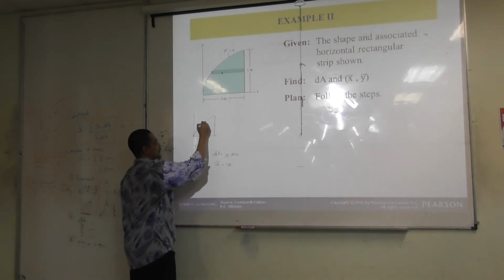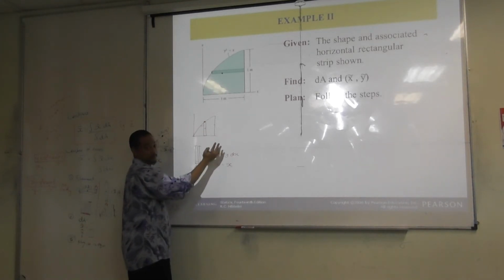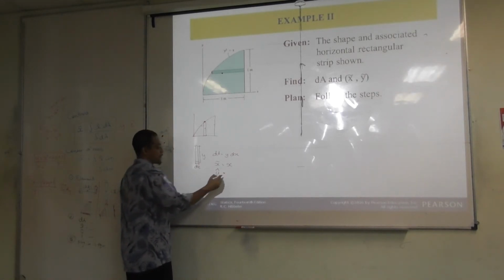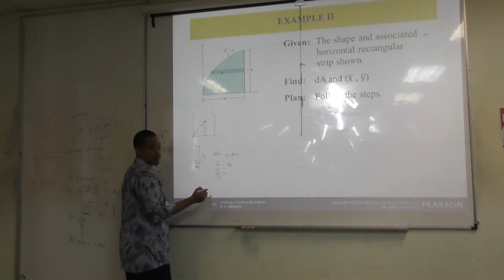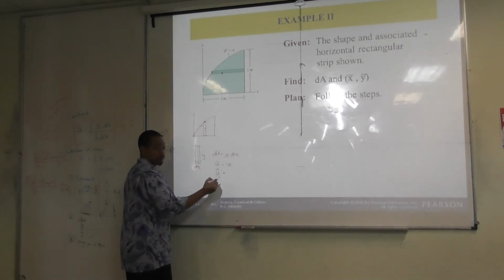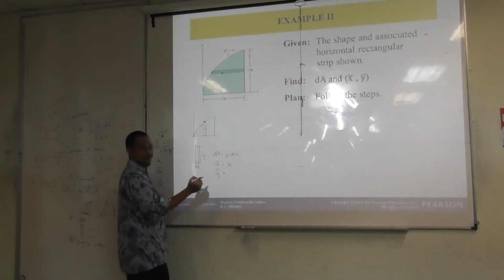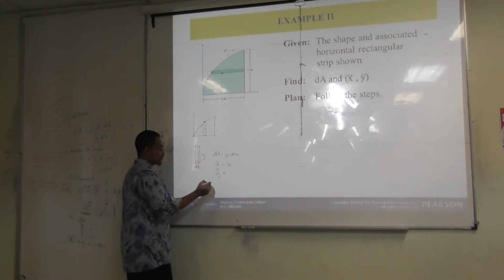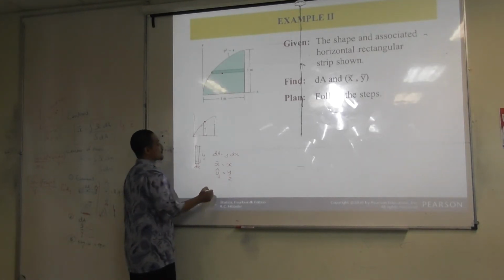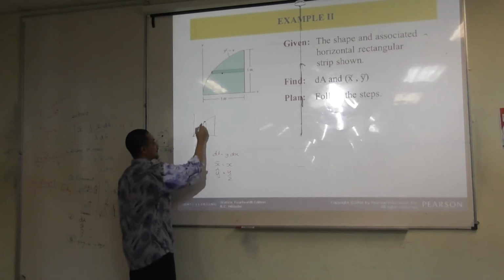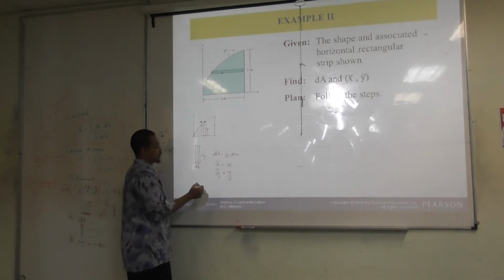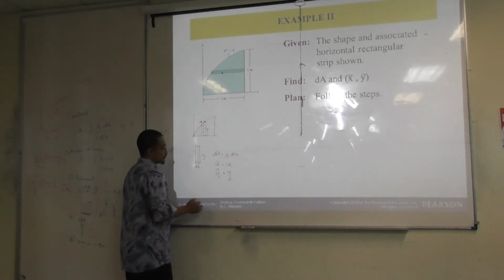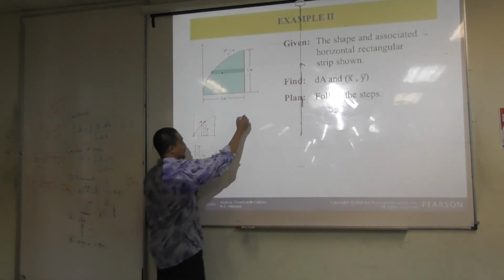This and this have the same x, right? Y-bar? How did I say it earlier? Y over 2, right? Okay. This is y. This is y over 2, half. Okay? Okay, that's settled.